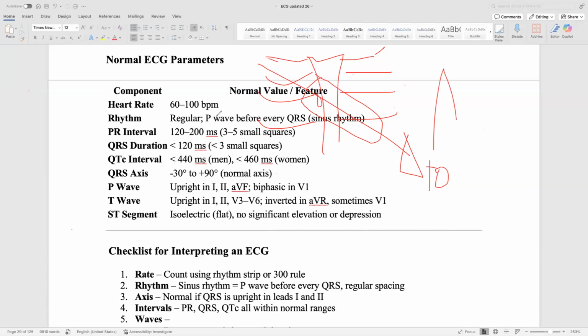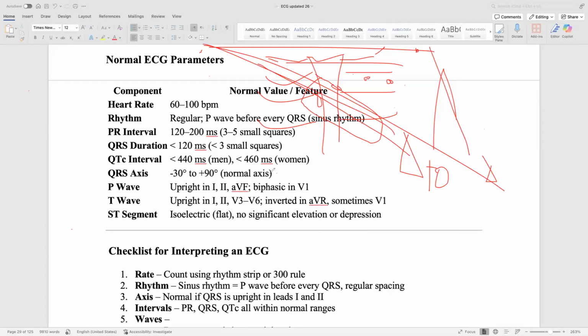So the P wave, which measures atrial depolarization, with the electrodes on these sides, on these arms, and between the arm and the leg, lead 1 and lead 2 and lead 3 will all be positive.